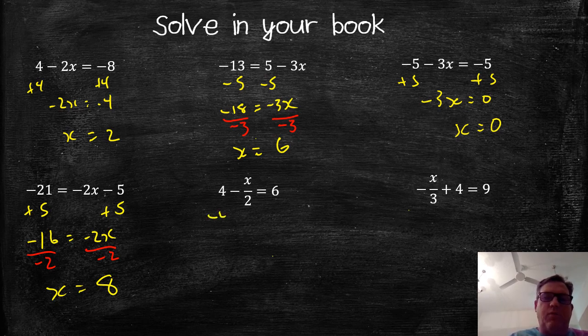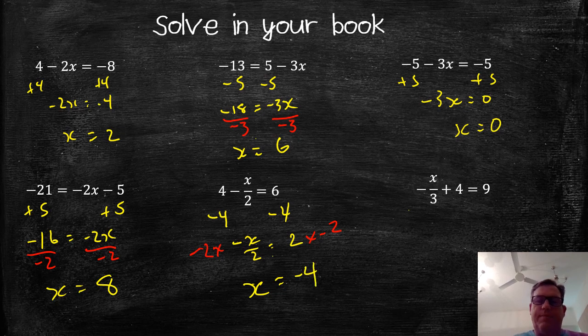This is a positive 4. I need to take away 4. So minus x over 2 equals positive 2. Now the easiest way to get positive x on its own is to multiply both sides by negative 2. And so I'm going to be left with positive 1x equals negative 4.